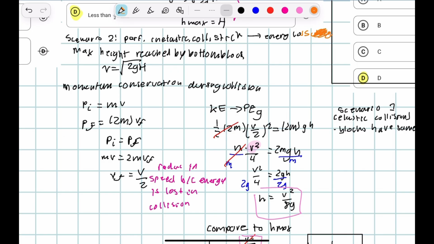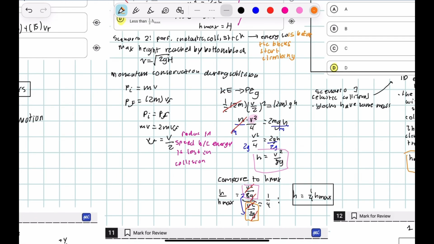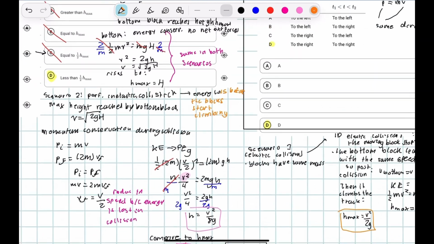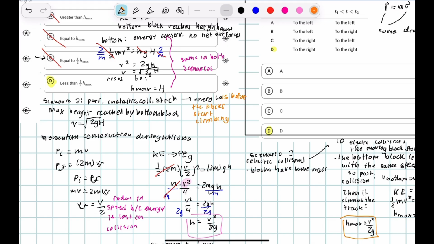It happens before the blocks start climbing. That's how we know that the height is less than 1/2 h max. Because the blocks stick together, the mechanical energy is lost during the collision. That reduces the speed more than in an elastic collision, and since the height depends on the speed squared, the final height will be less than 1/2 of h max. All right.